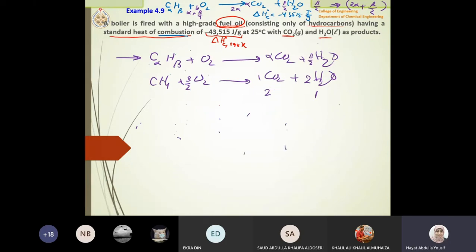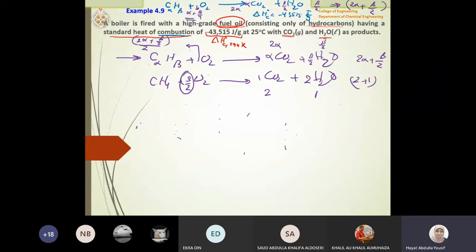Like what we did before, with 2 O atoms and 1 O atom, here I have 2 alpha from CO2, and with the water I have beta over 2 of O. If I add those, I get 2 alpha plus beta over 2, but that is the O atom. Like when I said 2 plus 1 was 3 and then divided by 2, here I do the same: 2 alpha plus beta over 2, divided by 2. That's why I wrote alpha plus beta over 4.